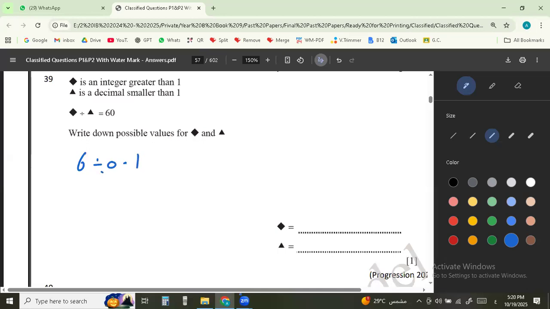Oh, yes, because we learned that 6 divided by 0.1 is the same as 6 times 10, which is 60. So this diamond is 6, and this triangle is 0.1.